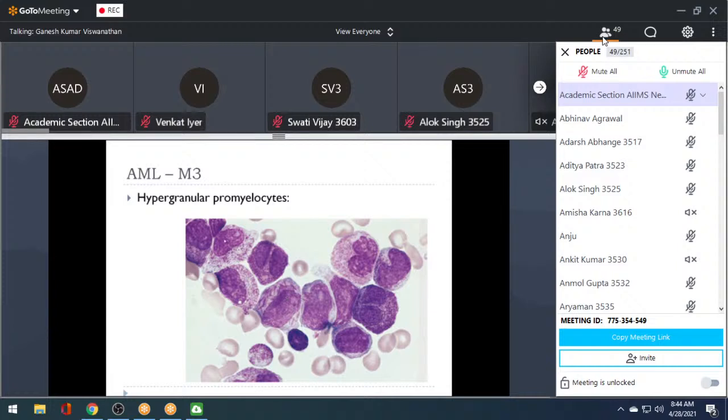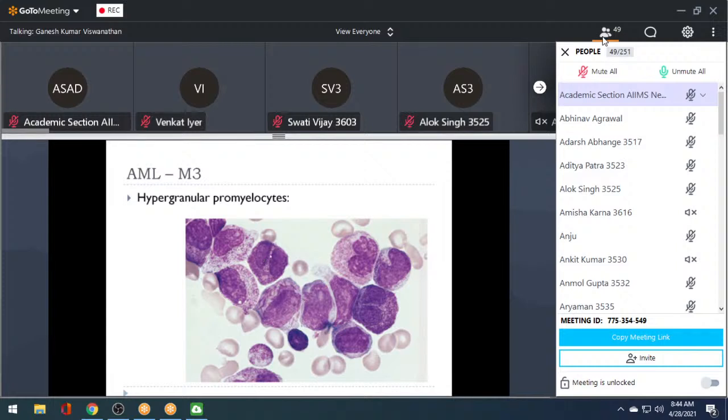And you can see promyelocytes. All these are promyelocytes. This is a classical promyelocyte. In other types of AML, we see just one Auer rod. But here, the whole cytoplasm is packed or stuffed with Auer rods. This is what you call the faggot cell, where you have a lot of stuffed-up Auer rods. This is the specific subtype, acute promyelocytic leukemia.